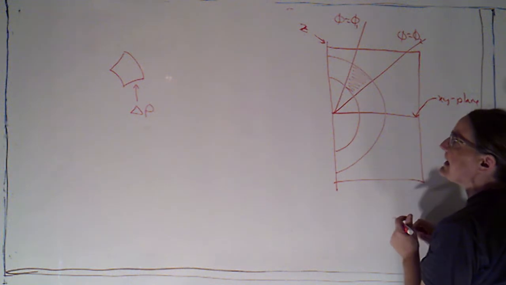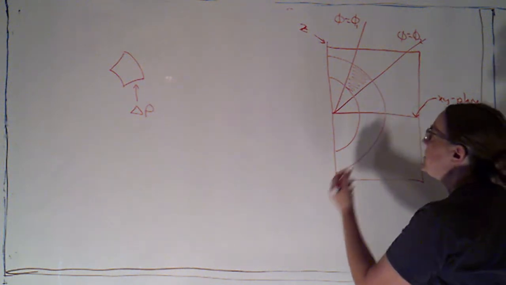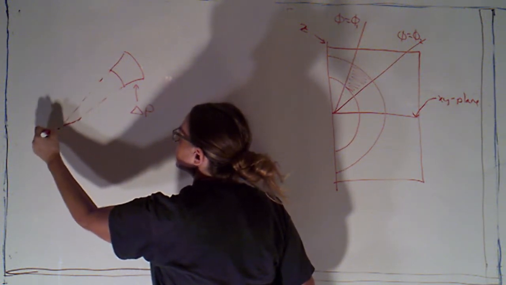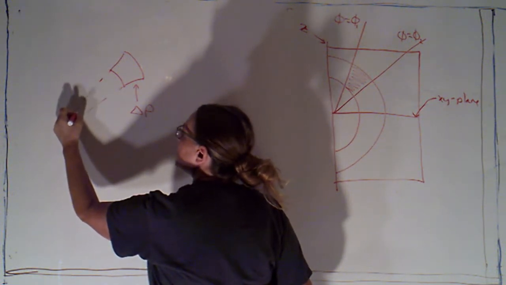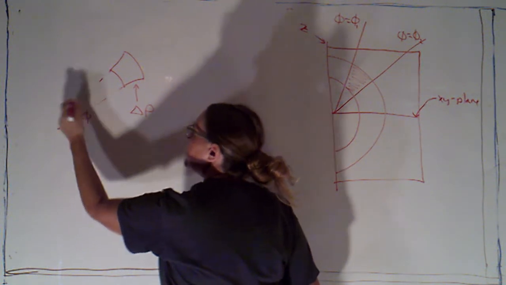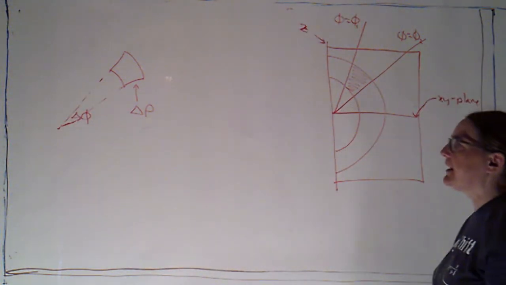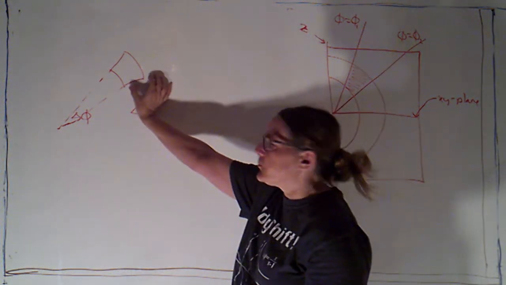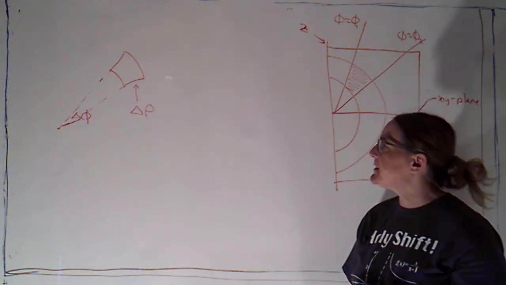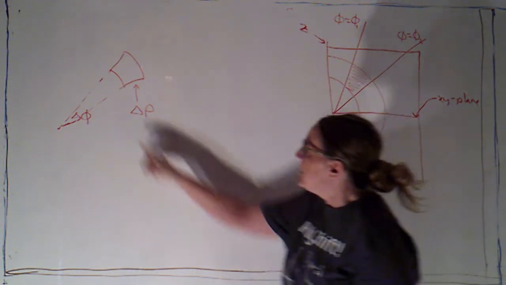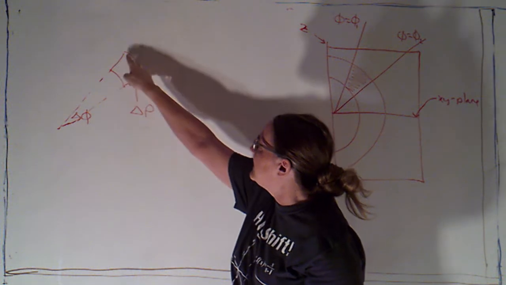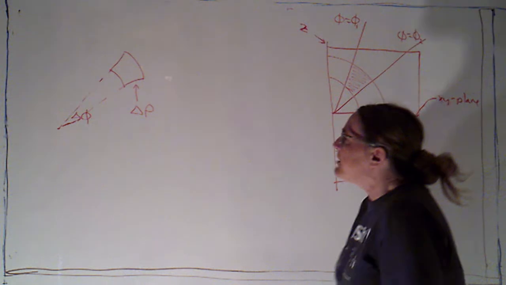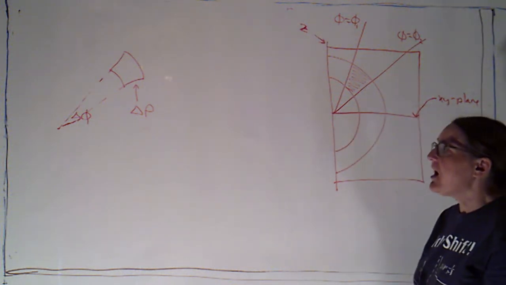For this side here, I want to notice that this angle, if I were to extend these phi rays to the origin, this angle right here would be delta phi. That's the difference between phi 1 and phi 2. Now, keeping in mind that delta rho is going to be small, because we're going to chop things up into small pieces, the length of this side and the length of this side are going to be very, very similar. And they're both just arc lengths on a circle.